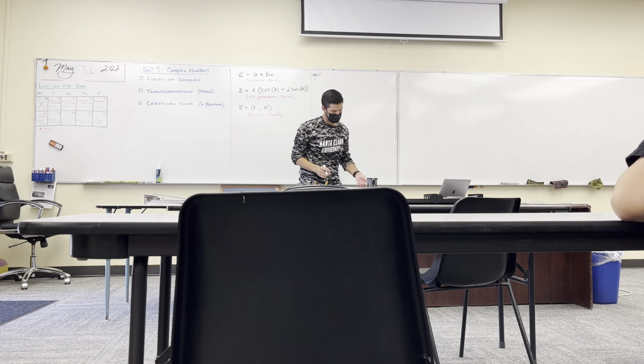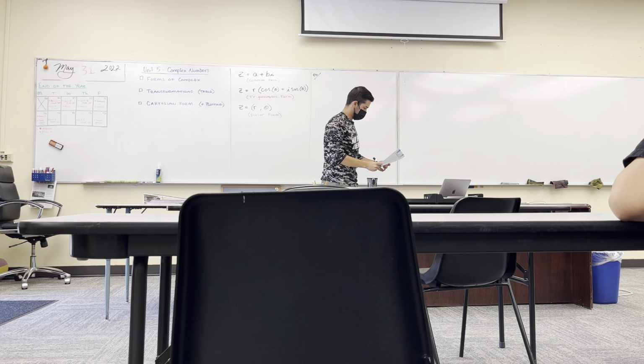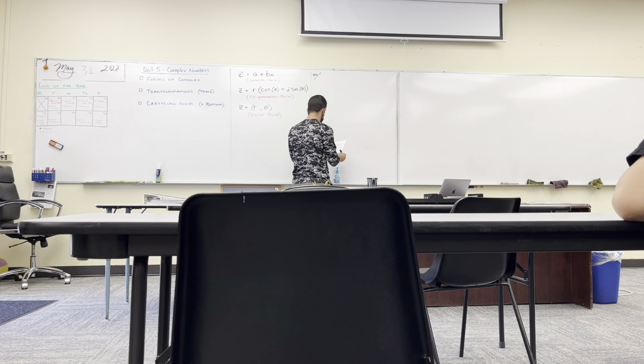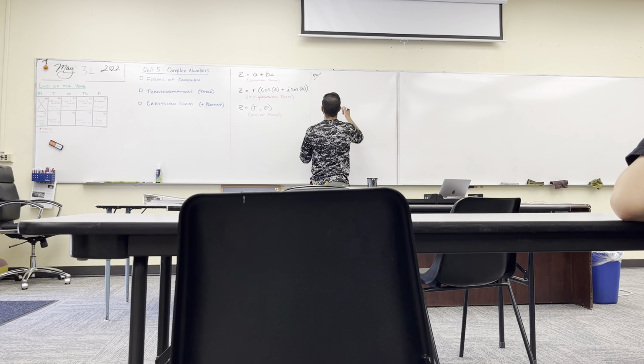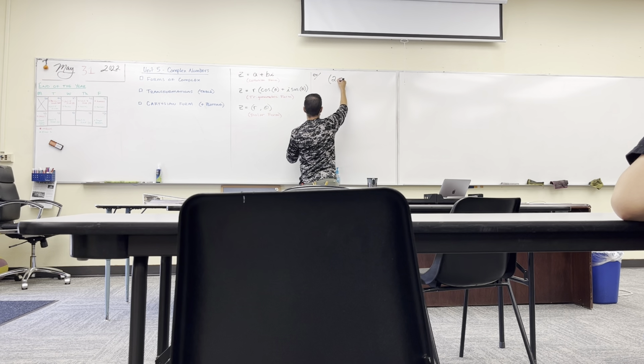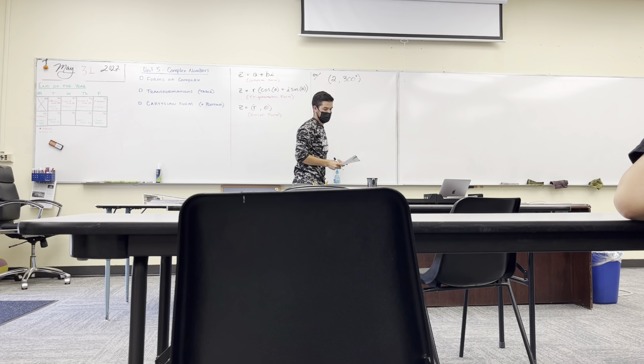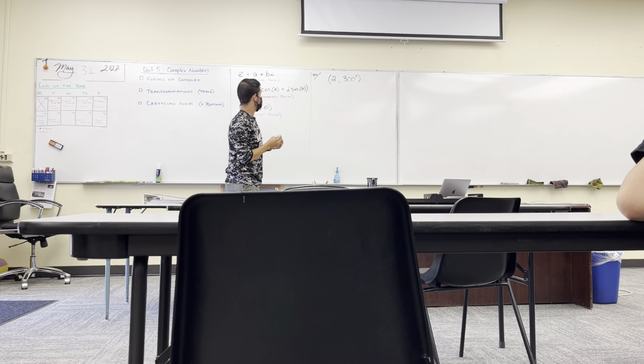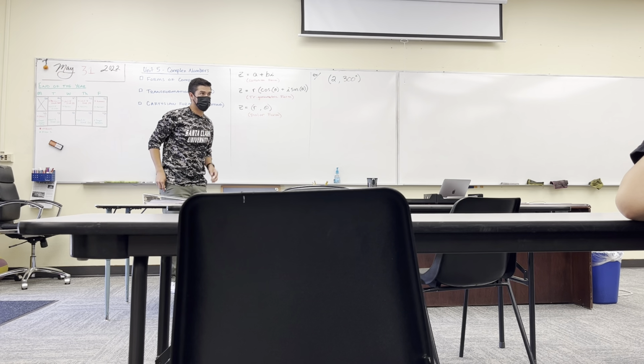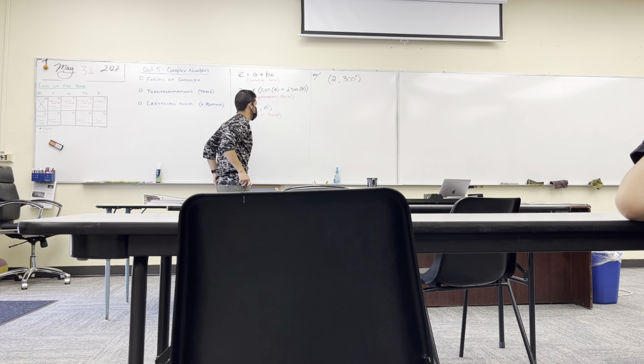that we're going to do is actually from a worksheet from a long time ago. And that was going to be 2, 300 degrees. So this is in polar form.